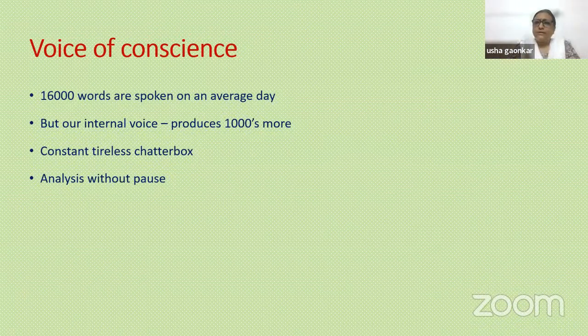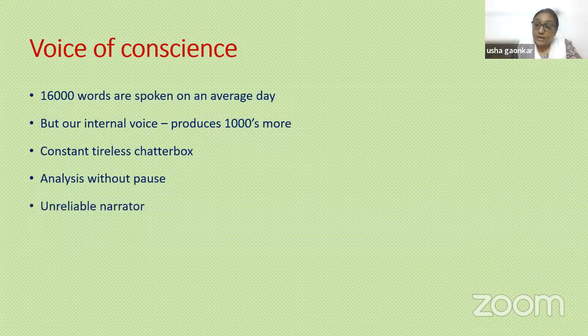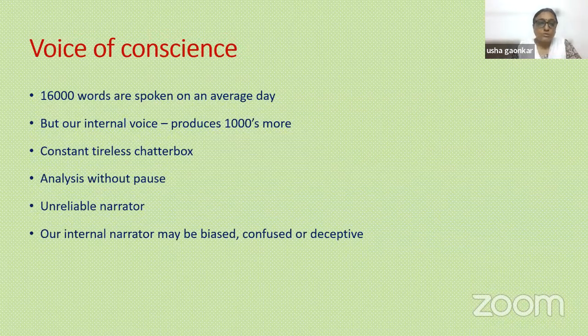It's constant chatting which keeps happening in your mind, and it's a very unreliable narrator. You cannot bank on this particular chatterbox. So our internal narrator may be biased, confused, or deceptive.